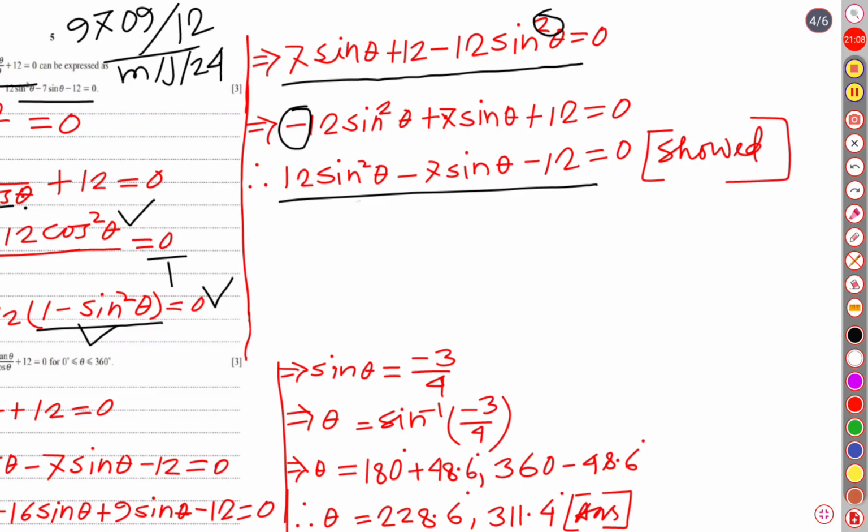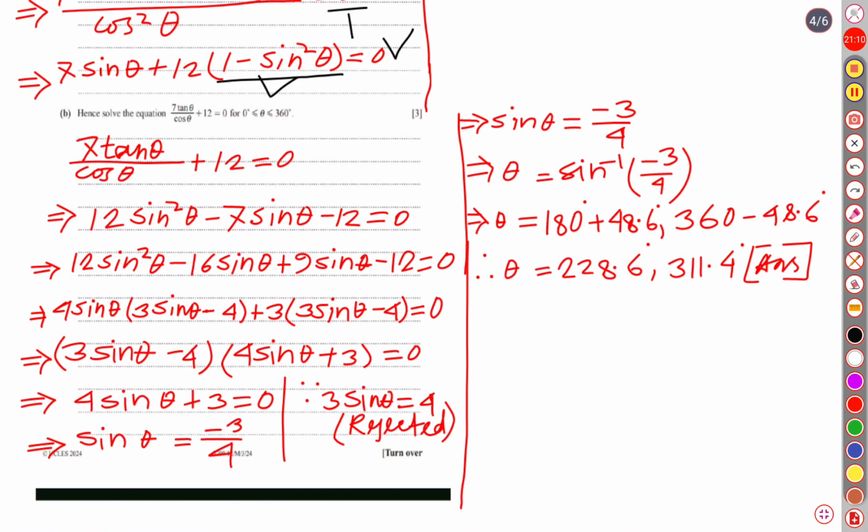Let's solve the immediate next question. The next question says, hence solve the equation, that means using the previous expression, 7 tan theta over cos theta plus 12 equal to 0.